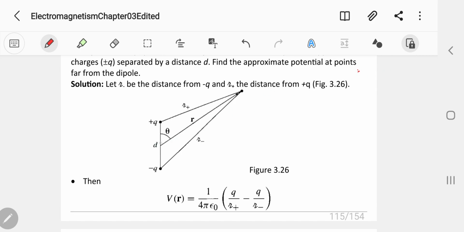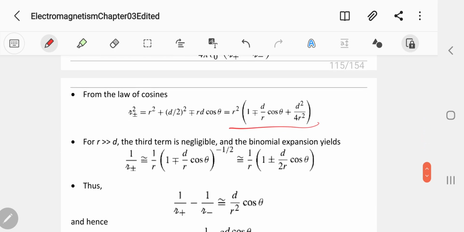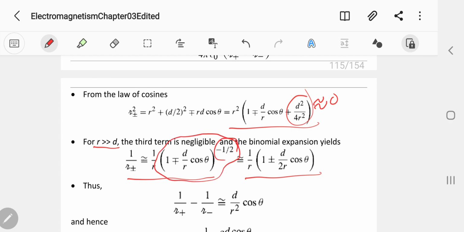So if your R is very large compared to the distance D, so if you're very far away, then D will be very much less than R, and this term would be approximately equal to 0, so that you're left with this one here. If you expand this with the exponent negative 1/2, this is just equal to this one.